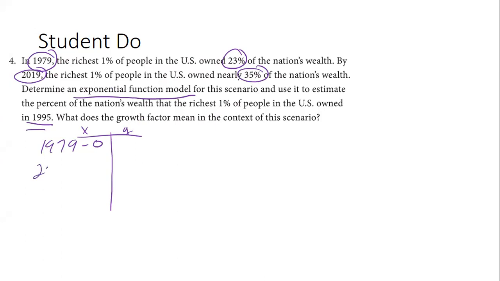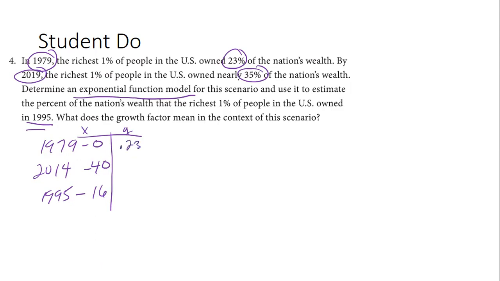So therefore, 2019 is going to be 40. And then 1995 is going to be 16, since 1995 minus 1979 is 16. So remember, we have to force it as our 0.